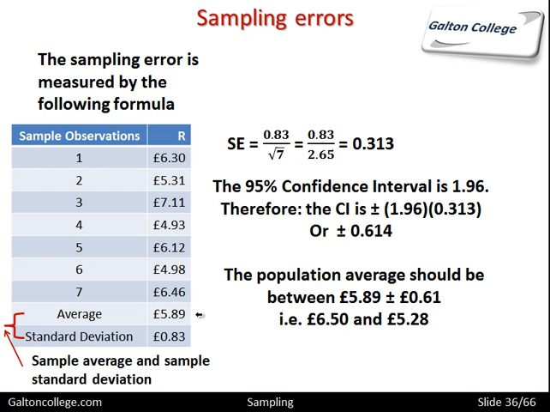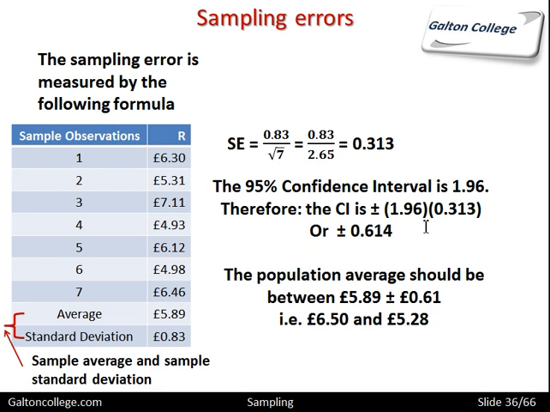So if we know the average of the sample, and we know the standard deviation of the sample, we take the standard deviation divided by the square root of the sample size, which gives us the standard error.